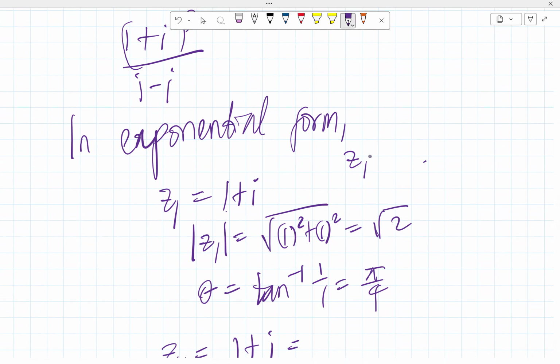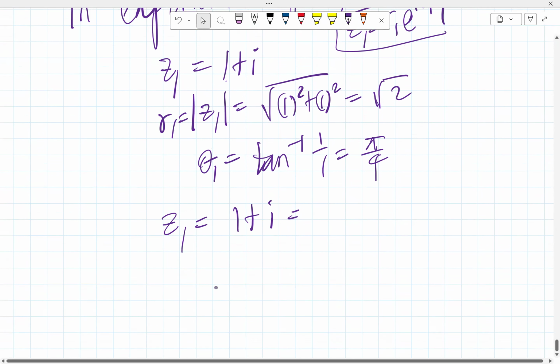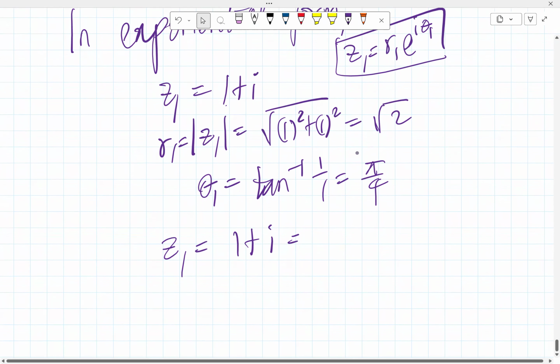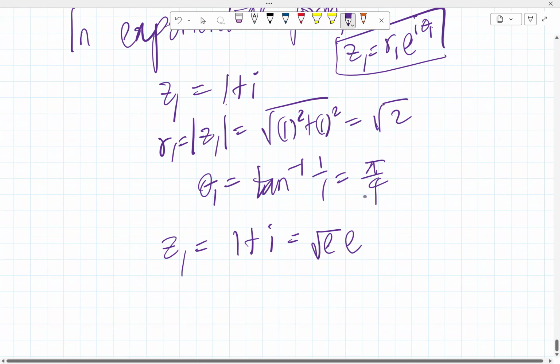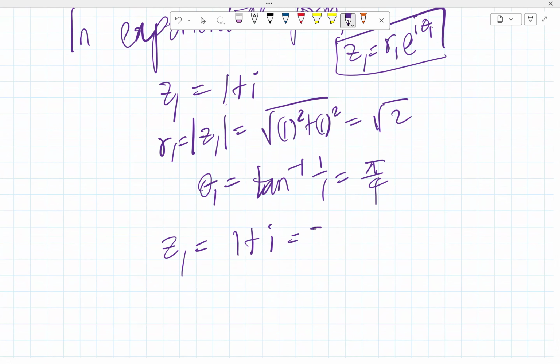generally we know polar form is z1 equals r1 e raised to the power i theta 1. So here now we have r1, then this is theta 1. That means z1 is root 2 e raised to the power i pi over 4.